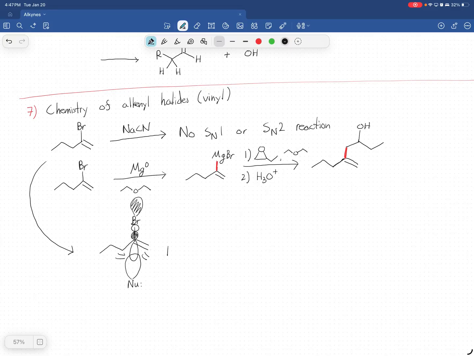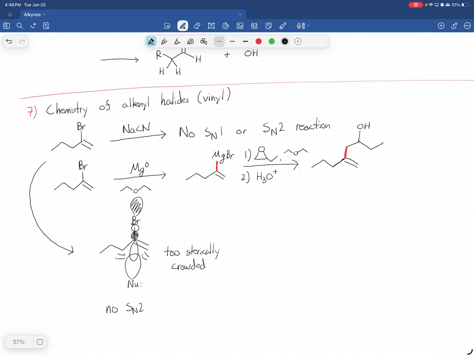So it's too sterically crowded, so no SN2 can occur. Too sterically crowded for that nucleophile to approach.